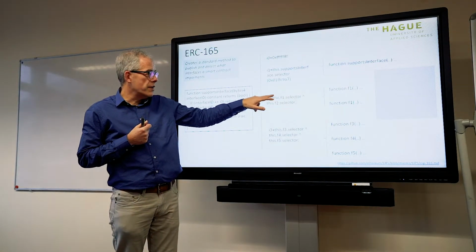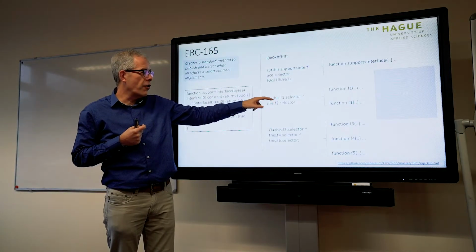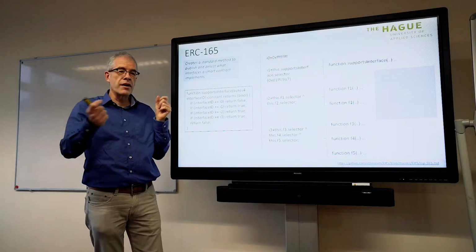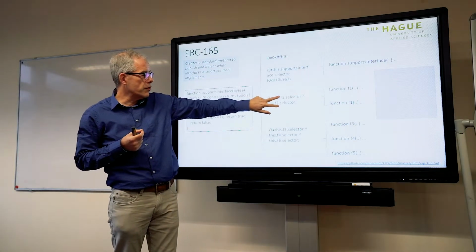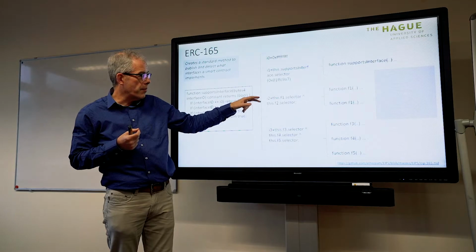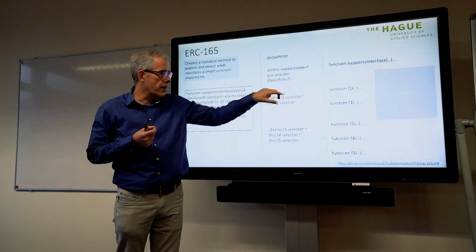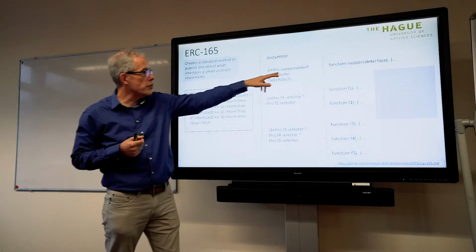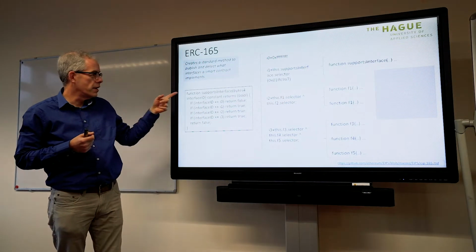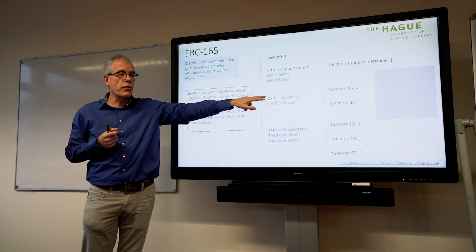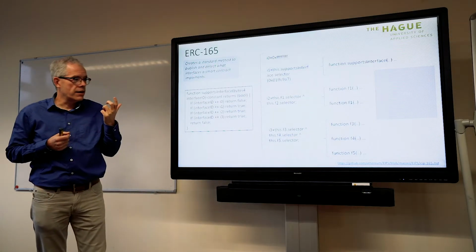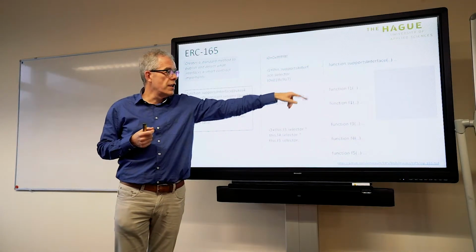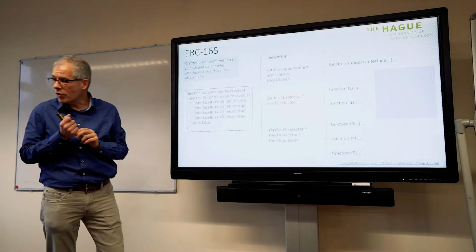What they do is take the exclusive OR of the 4 bytes of the functions. The 4 bytes are used to identify the function, and they exclusive OR them, and then you get 4 bytes again. So if you call the supports interface function with those 4 bytes, and you get the answer true, then it supports those 2 functions, and if you get false, then it doesn't support it.